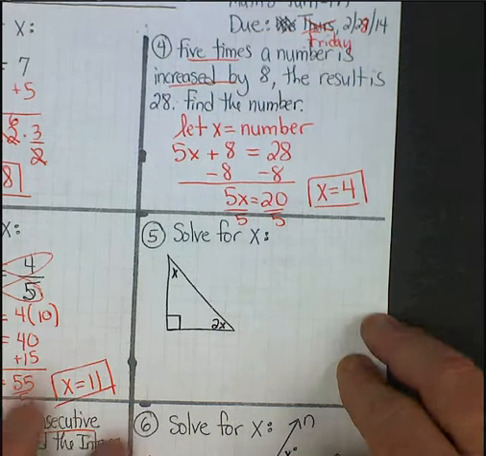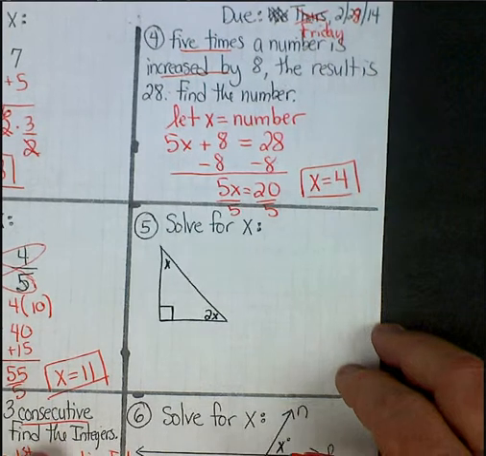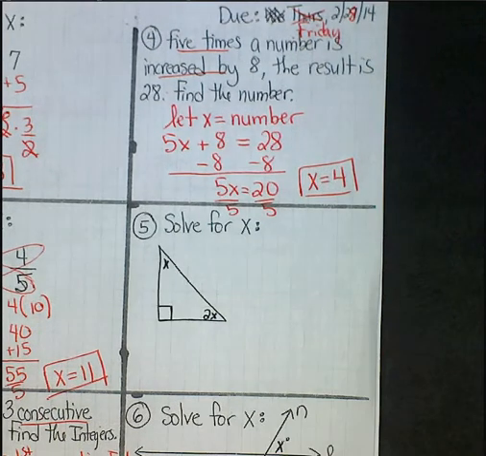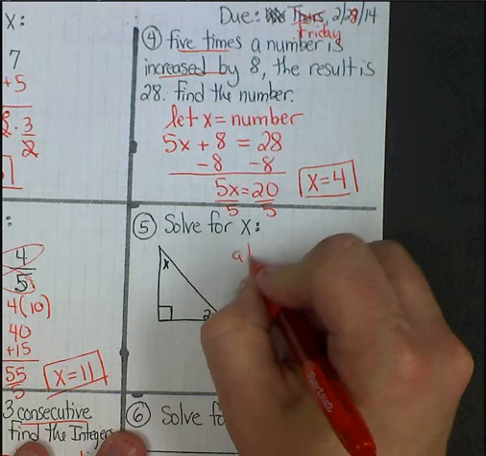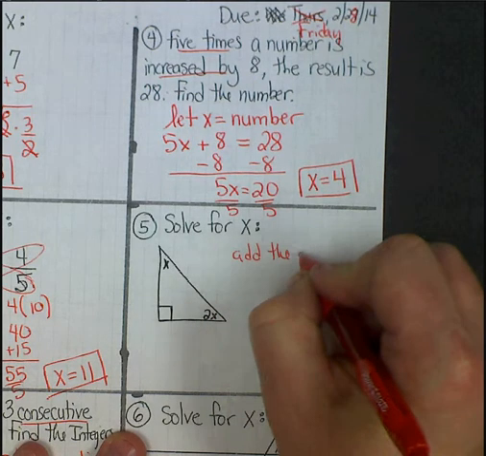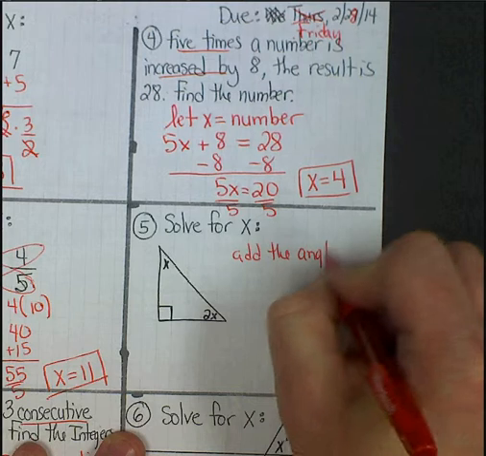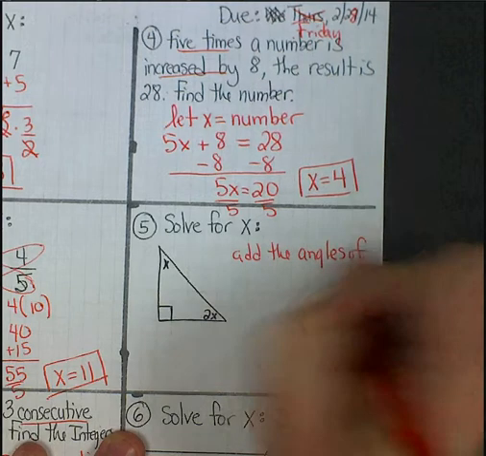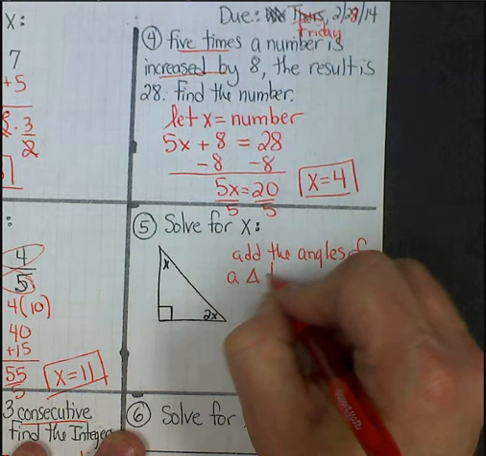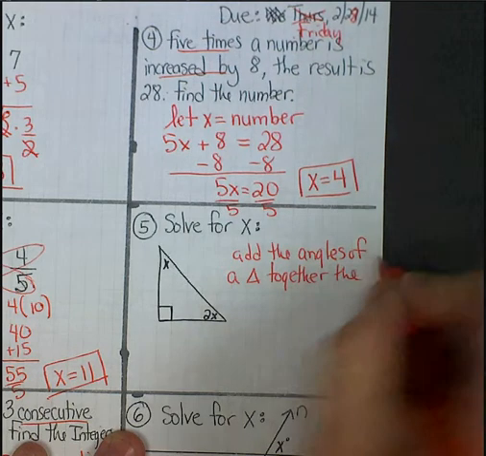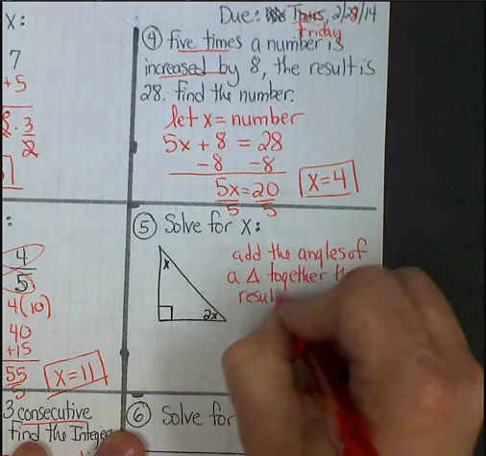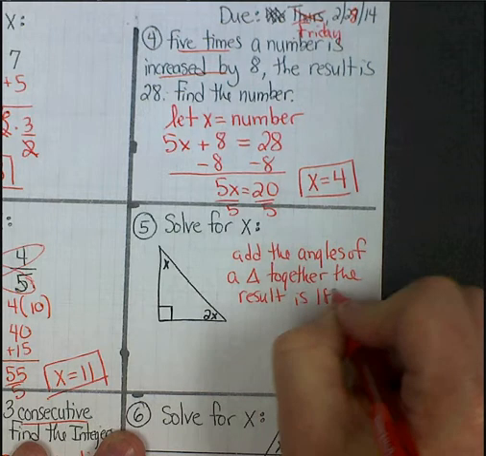Question number 5 is a question dealing with triangles. And what we know about triangles is if we add the angles of a triangle together, the result is 180.